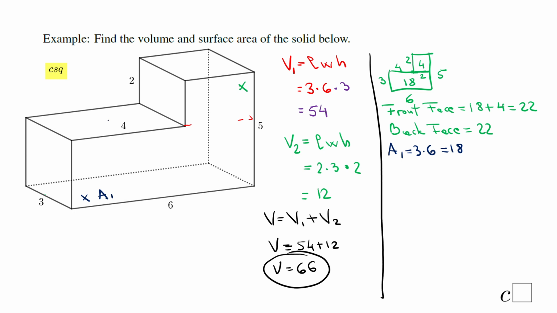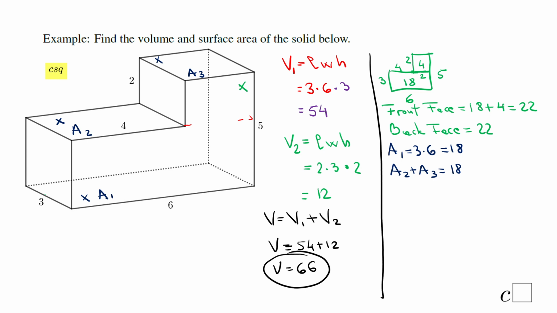But in fact, if you take a look, this face here, I'm going to call it A2, and this face here are going to be the same as A1. So I don't really need to find each one, so I'm going to say A2 plus A3 is 18 also. So we have the bottom, A1, and the top, which is A2 and A3. Okay, what else do we have?